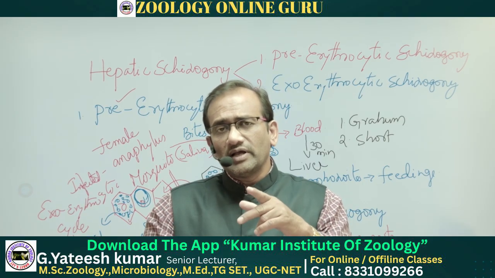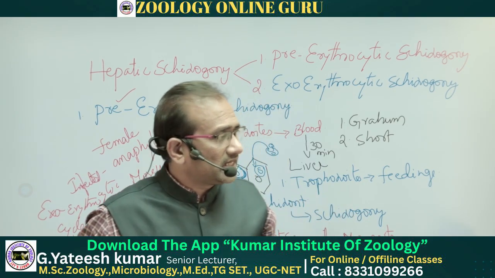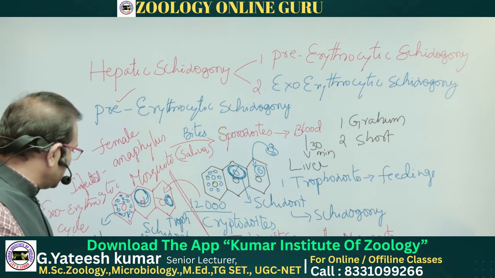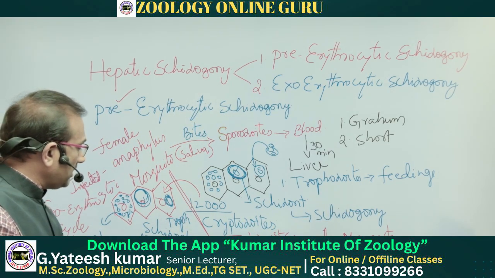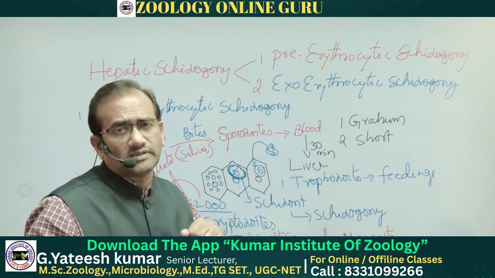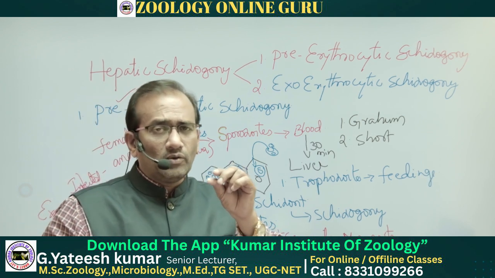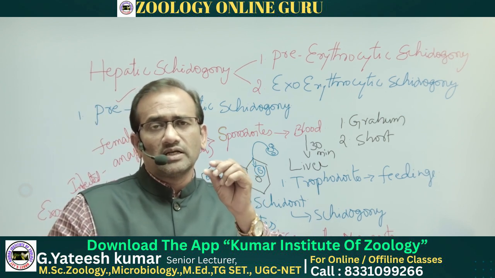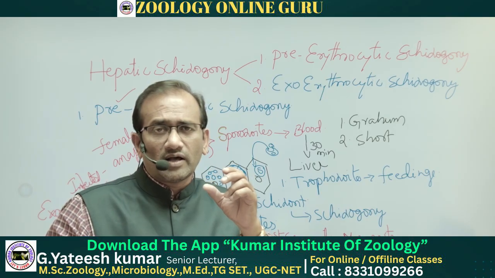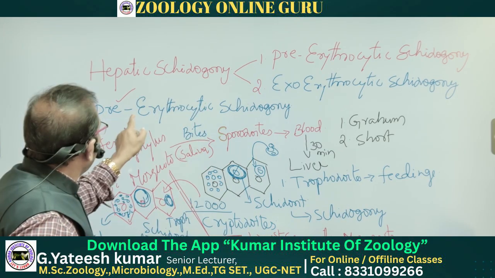In the exoerythrocytic cycle, the second generation merozoites are of two different shapes. Some are micro, some are macro, meaning some are small in size and some are large in size.